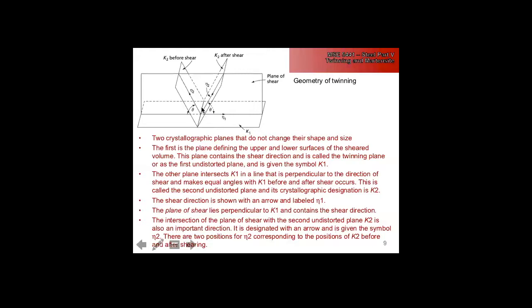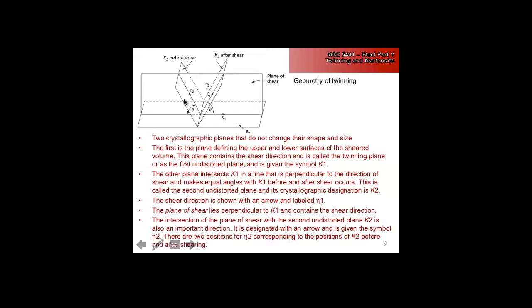And then we have another plane which is orthogonal to both K1 and K2, which we call the plane of shear, right? And the shear direction has to lie in that plane of shear as well. And the intersection of K2 and the plane of shear is our eta 2 direction, right?